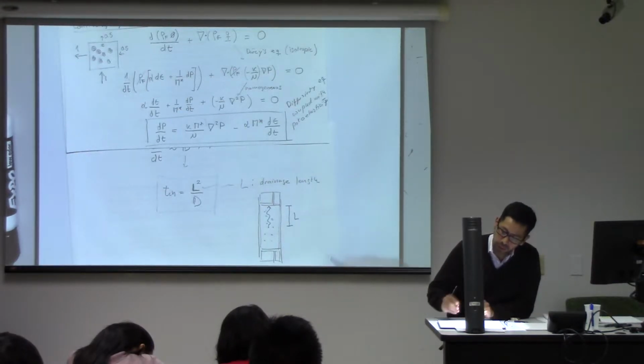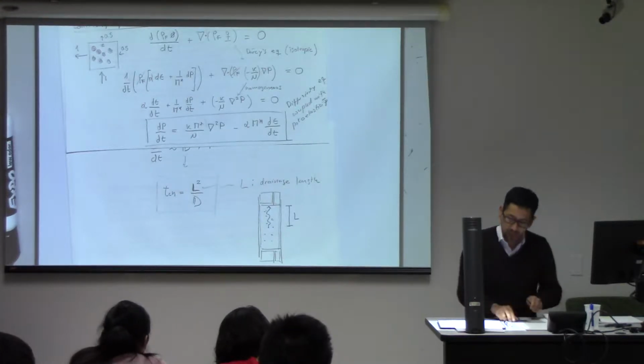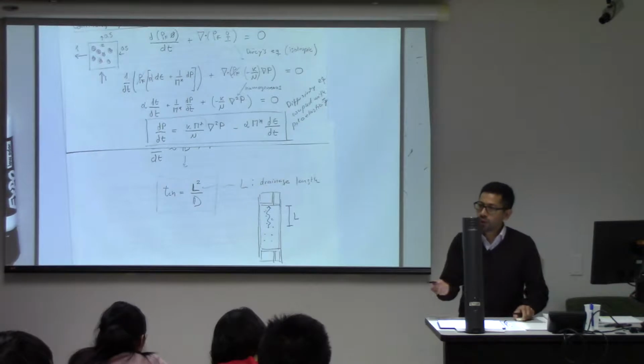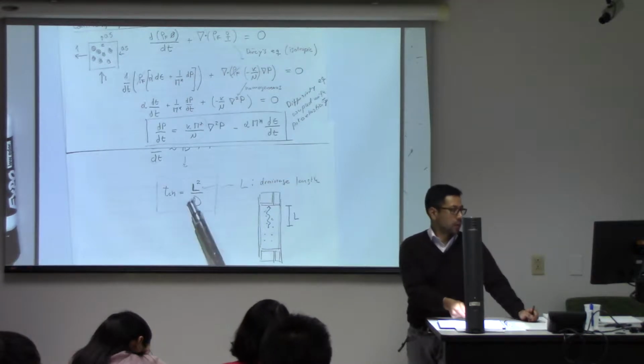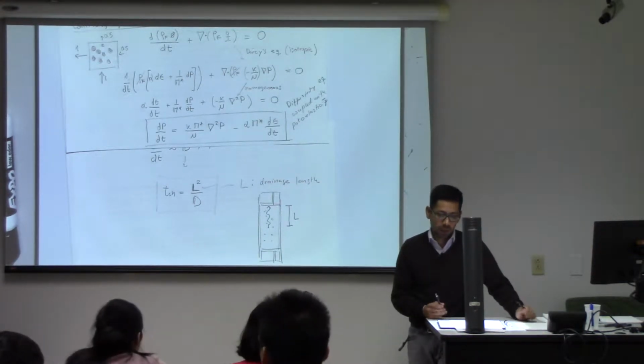So this one will be L. Now this is not the same as the length of the sample. In this case, your characteristic length was 1 inch, right? And the only thing that you have to calculate here was the diffusivity parameter.